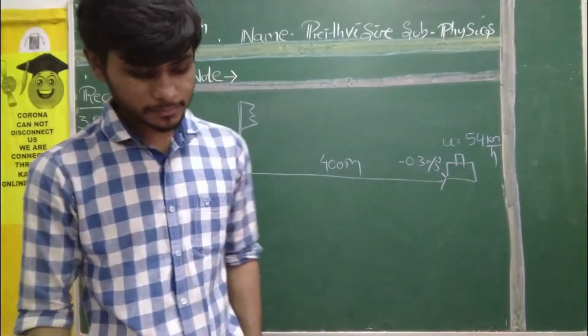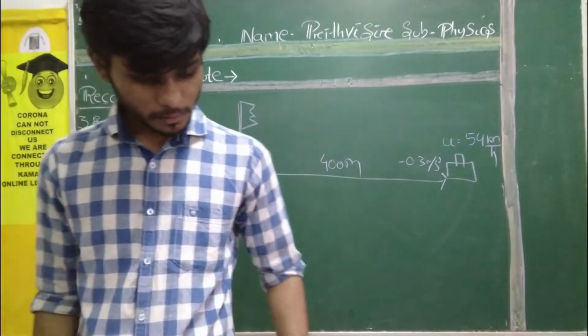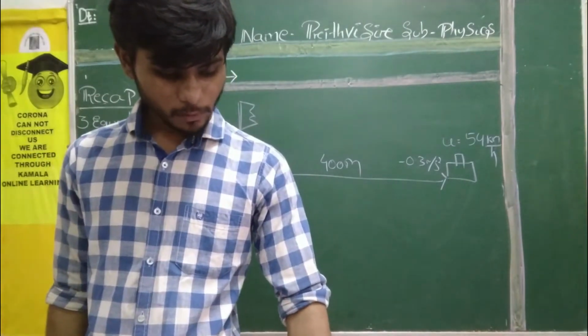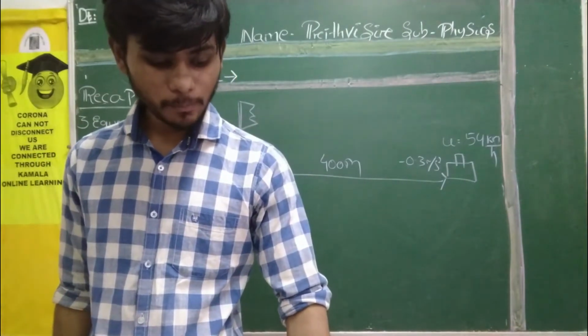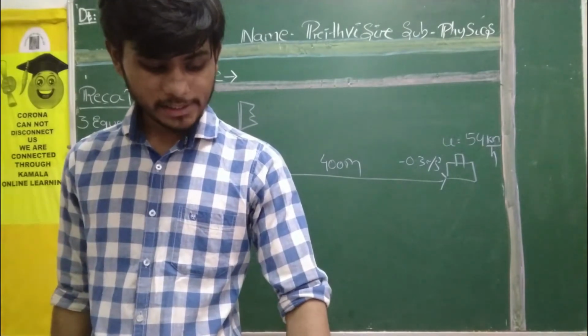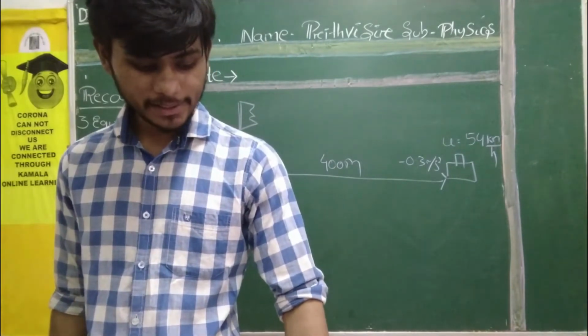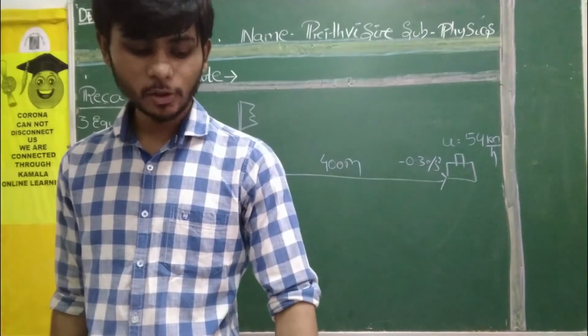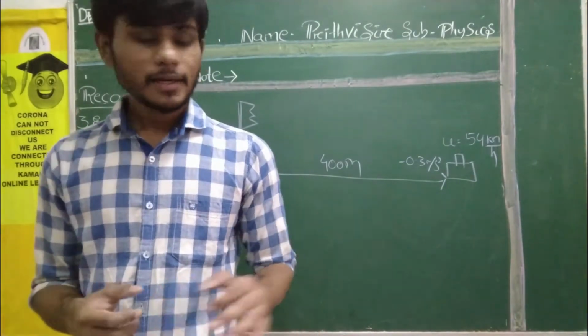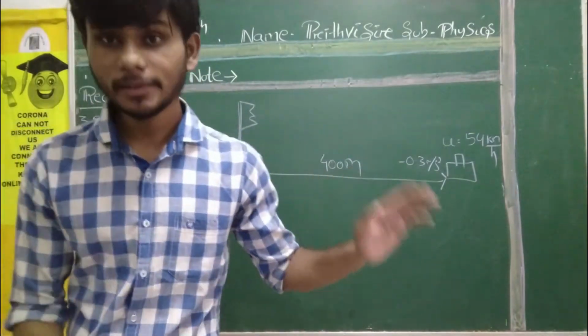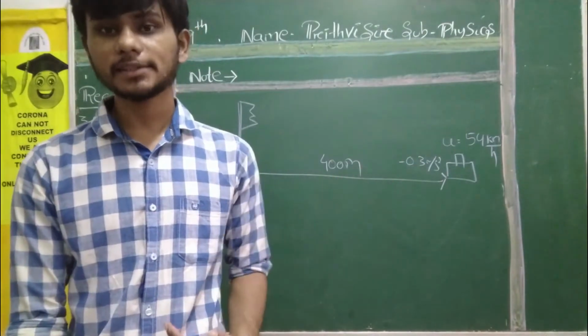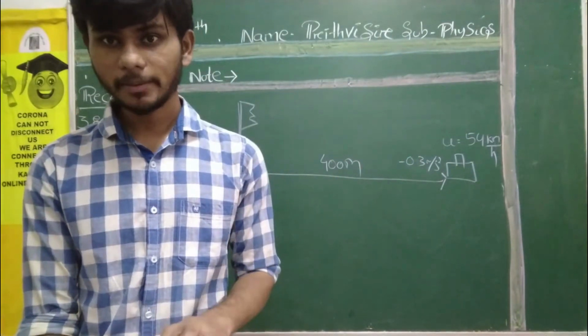So he is asking, determine the position of rest of the locomotive relative to the signal light after 1 minute of the application of the brakes. After applying brakes for 1 minute, how much distance will the object cover, it is asking. You are getting my point, right?